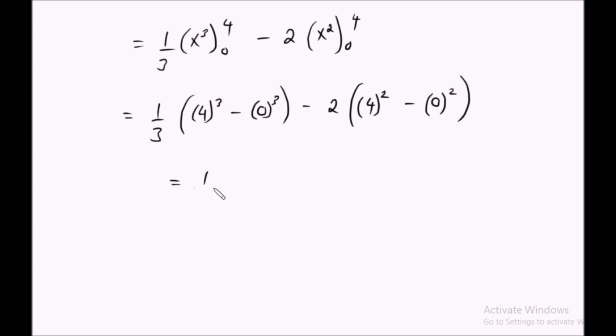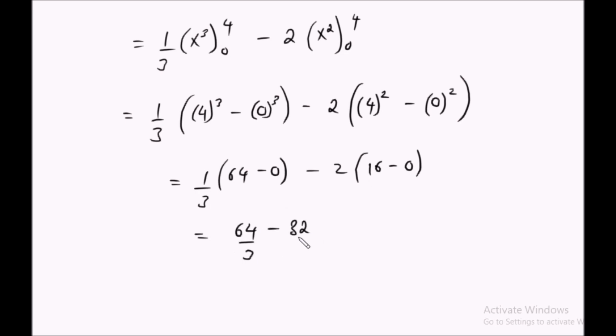So this becomes 1/3 times, 4 times 4 times 4 is 64, minus 0, minus 2 times, 4 times 4 is 16, minus 0. So you're going to have 64/3 minus 32.